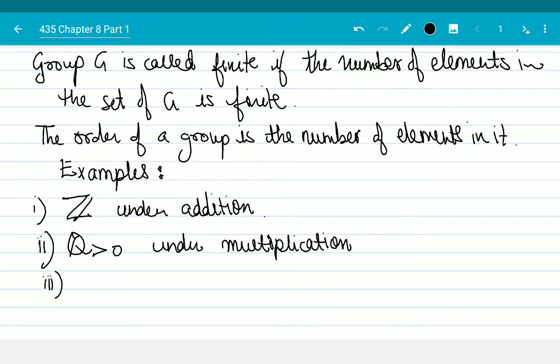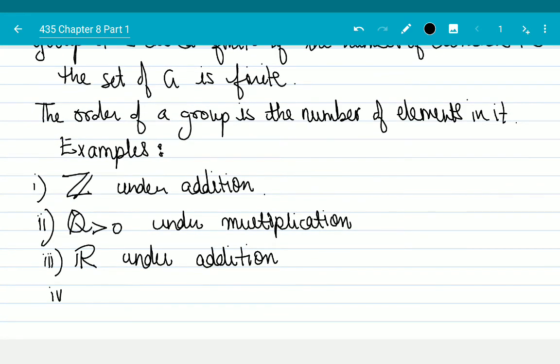Third, R under addition. Fourth, R minus 0 under multiplication.